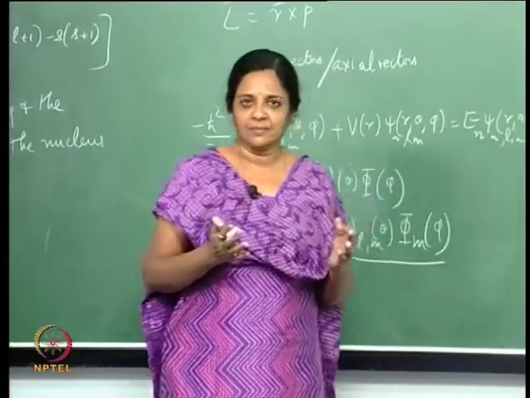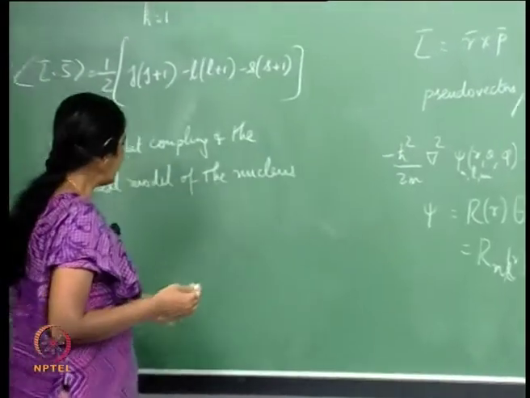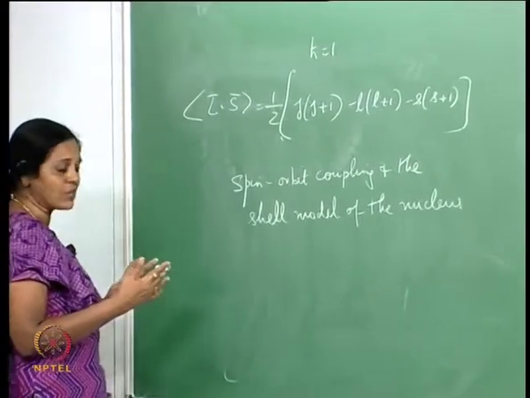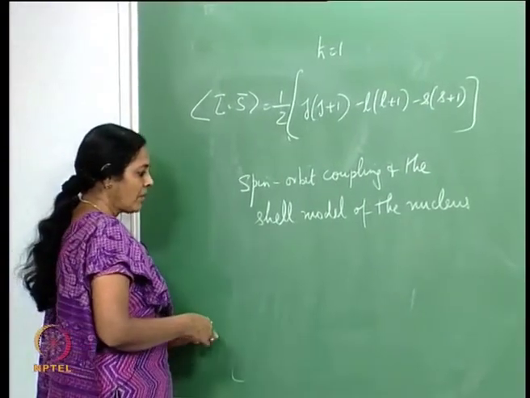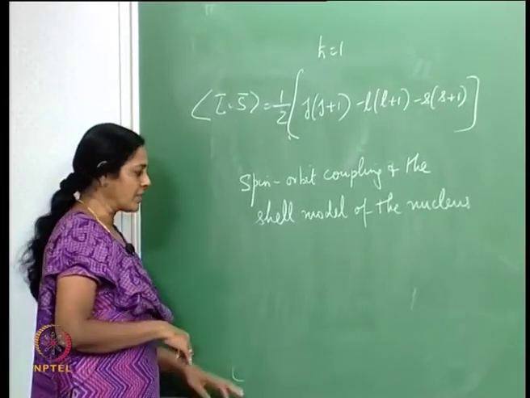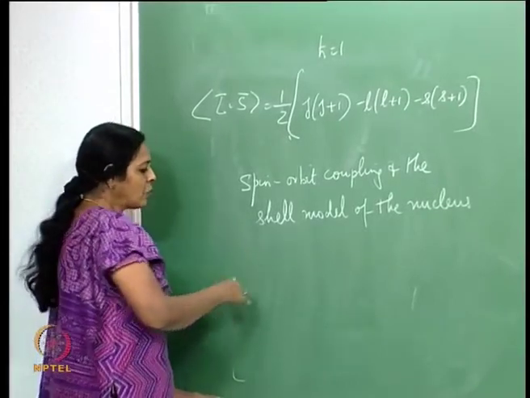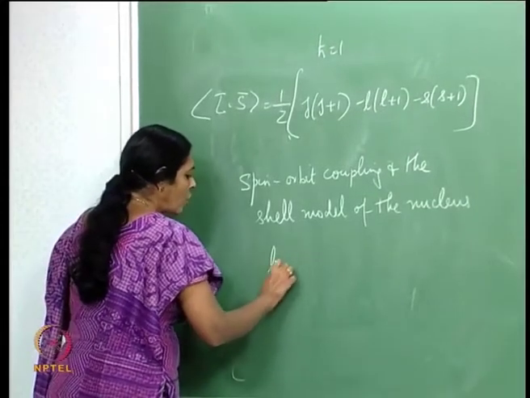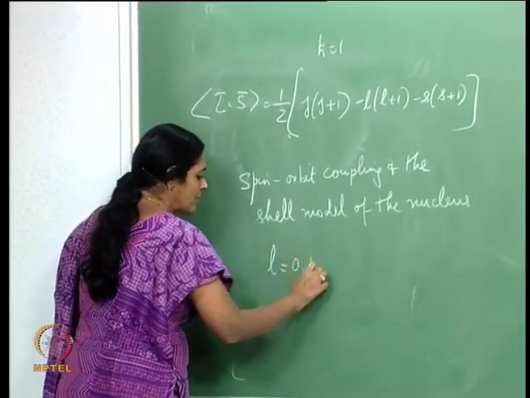Now, the idea is this, that the nucleus, which is of course made up of protons and neutrons, and you distinguish between the protons and the neutrons, they are different particles. Put the protons in various shells, that means various orbital angular momentum quantum numbers.